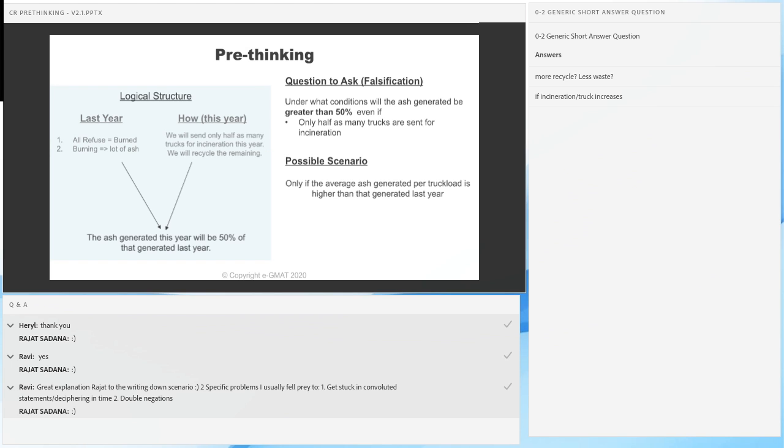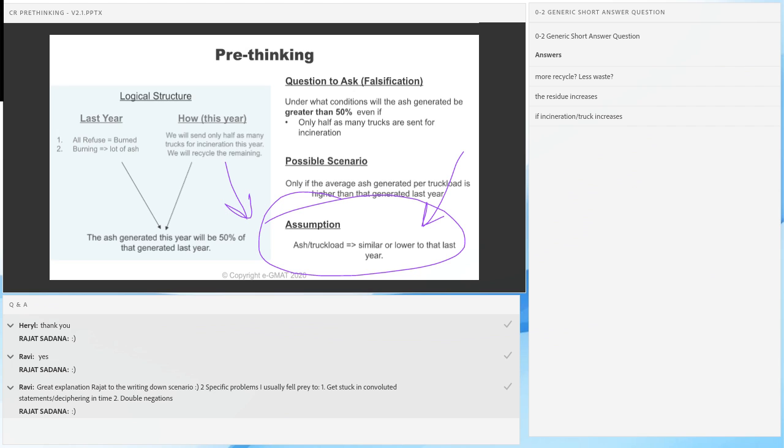If only we stuff those trucks so much that each truck generates way more ash. Which means the assumption is that the ash per truckload is going to be similar or lower than it was last year. Everyone can see this pre-thinking here? Yes, no?